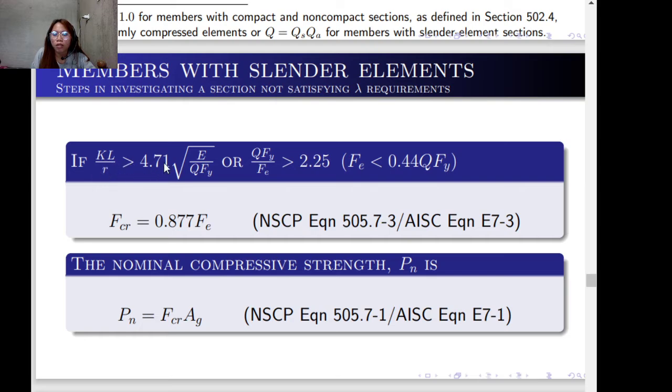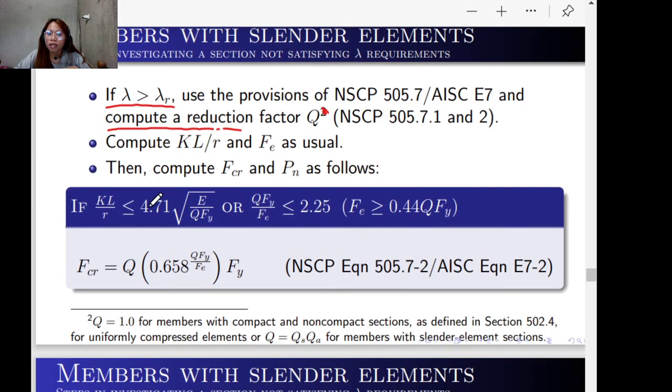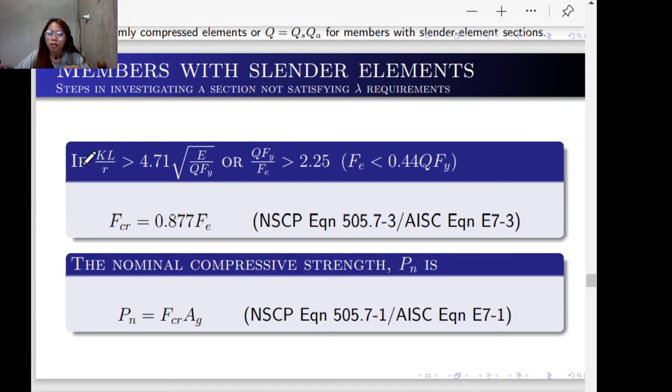If KL over R, the slenderness ratio, is greater than 4.71 square root of E over QFy, or QFy over Fe is greater than 2.25, or Fe is less than 0.44 QFy, use this critical buckling stress equal to 0.877 Fe, as stipulated in NSCP equation 505.7-3 or AISC equation E7-3.